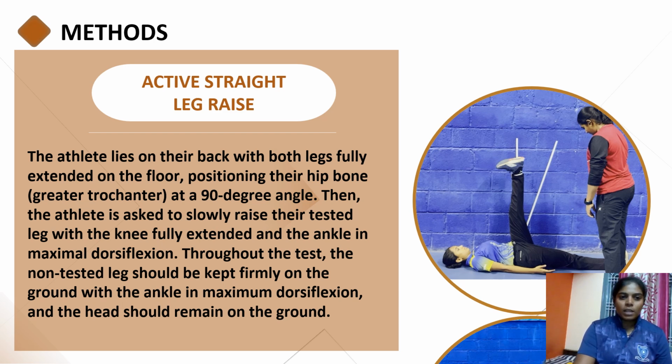Throughout the test, the non-tested leg should be kept firmly on the ground. The assessor observes the test at the maximum range in relation to the marked angle and identifies if there are any compensatory movements. The athlete performs 3 trials and the maximum range of motion is considered for the analysis.